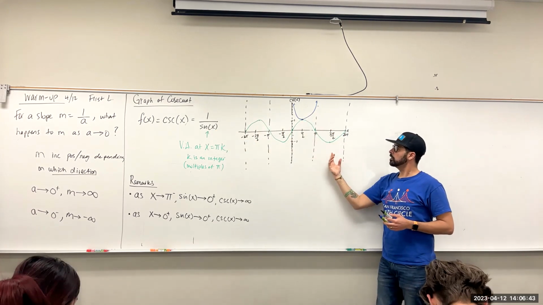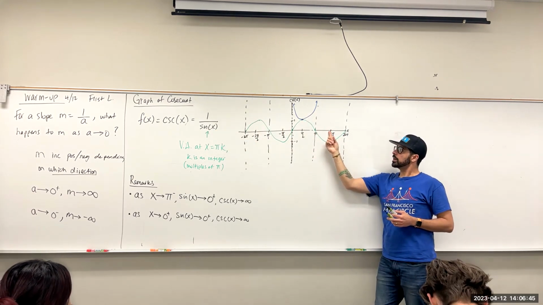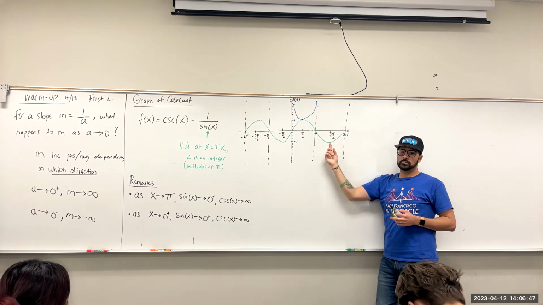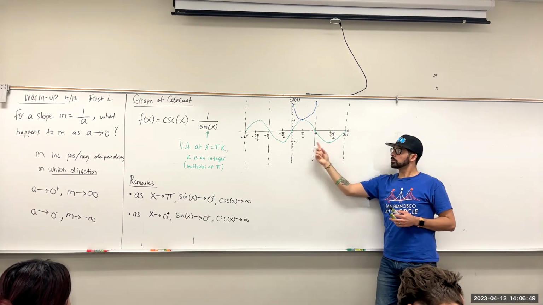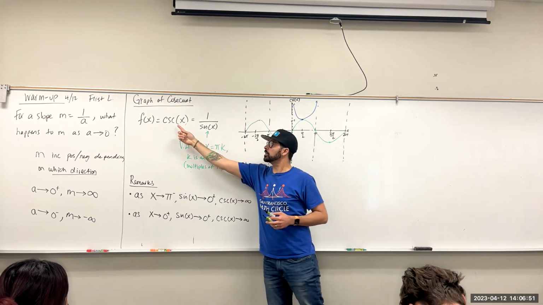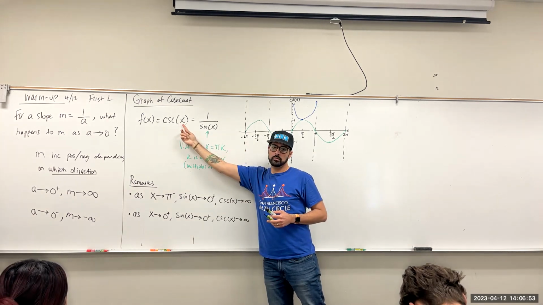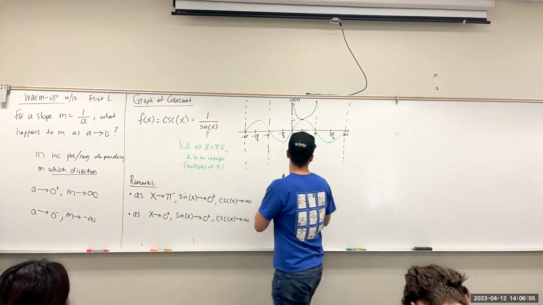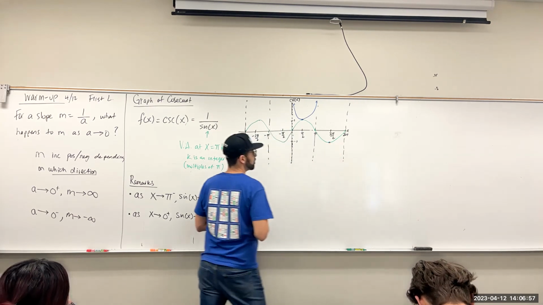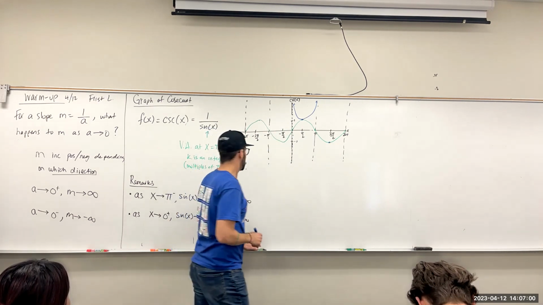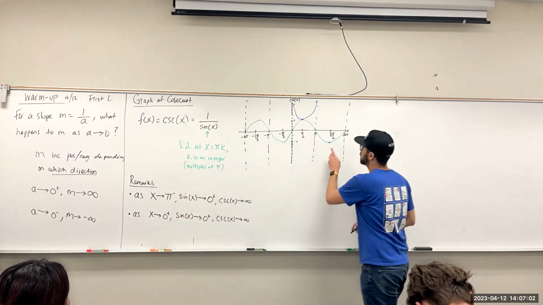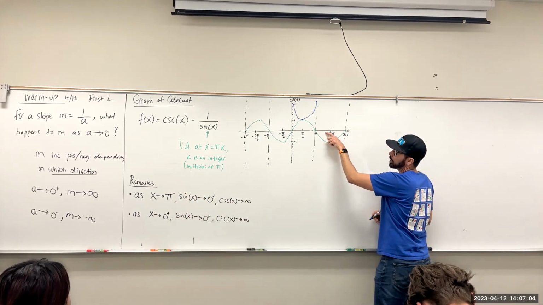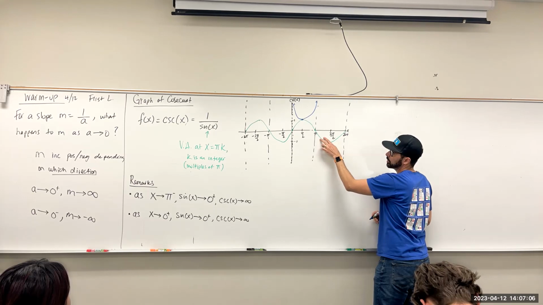So now let's go over here. What's sine of 3 pi over 2? It's -1. So what's cosecant of 3 pi over 2? -1. So that also coincides with the point there. Now I'm not going to write all this stuff. As you approach pi from the left, what is sine doing?